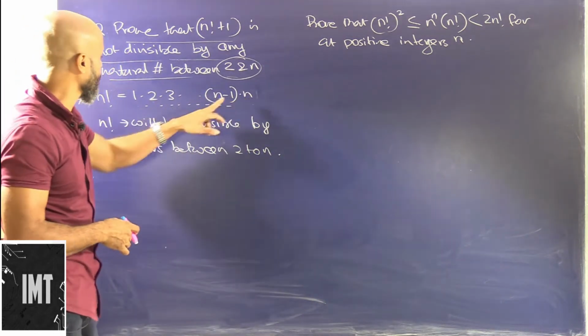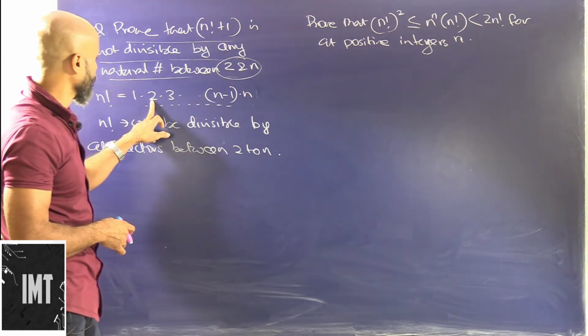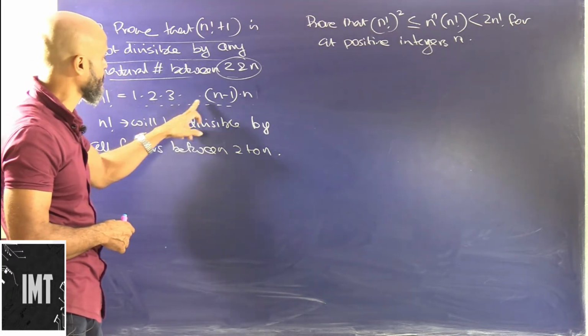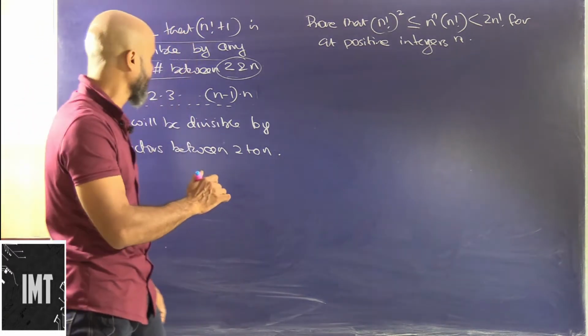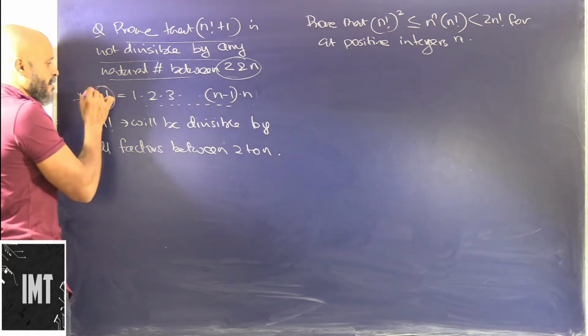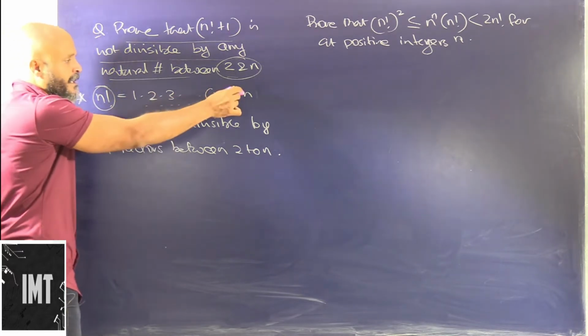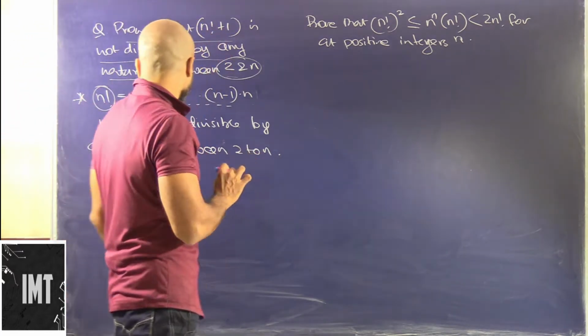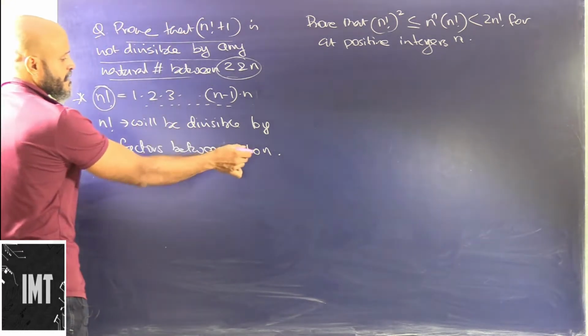If I divide factorial n by 2, it will be divisible by 2, it will be divisible by 3, because all these are multiples within factorial n. If I look into it, factorial n will have multiples of 2, 3 till n. So it will be divisible by all factors between 2 to n.